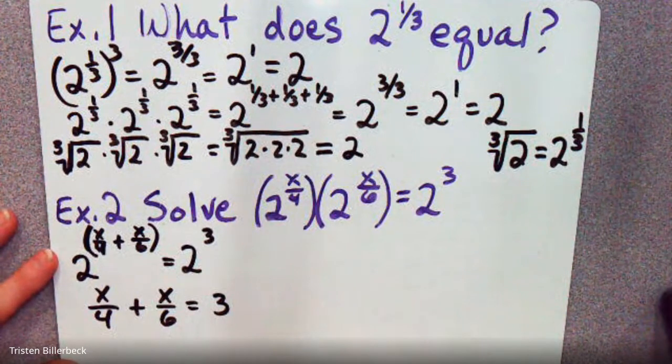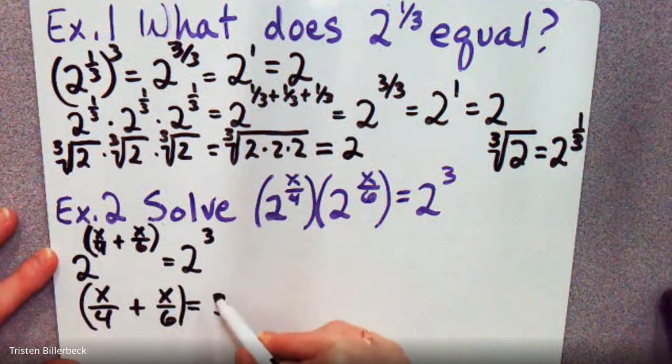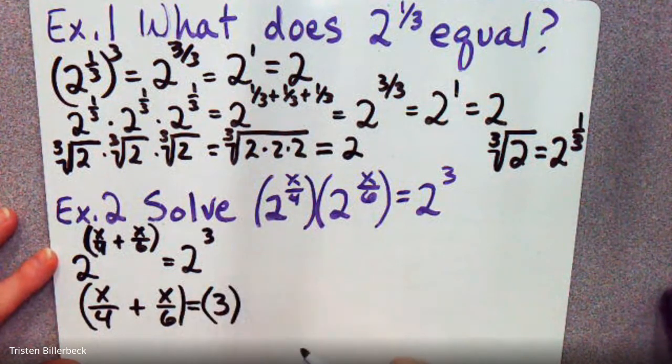Now we're going to use the ninja move of fraction busting, because we have an equal sign right here. So we can do that because we can multiply something on this side and multiply something on this side. So we're going to multiply both sides by the least common denominator. The least common denominator of 4 and 6 happens to be 12.